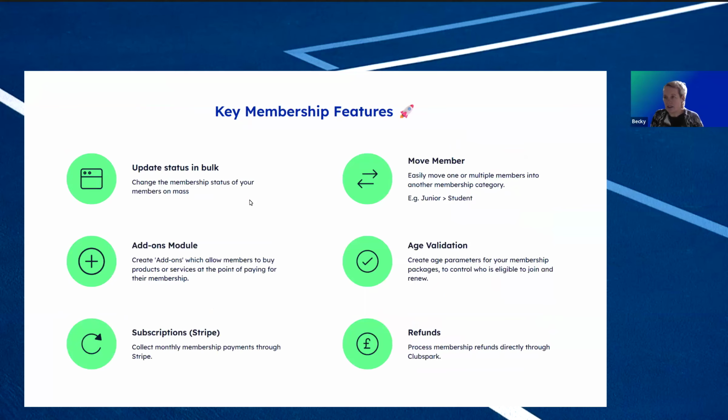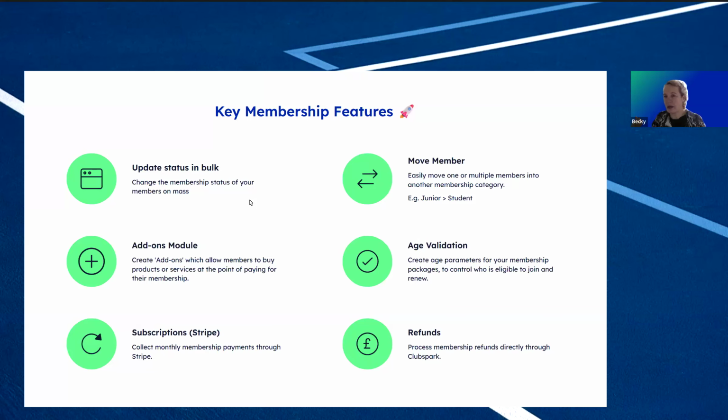A little bit about the features. We've got some new features which have been around in the last year, so you might be aware, but you can update the status in bulk. That means you can move people from active to lapsed to cancelled in one go. You can move members from one membership package to another in bulk. The add-ons module, which I'm going to cover a little bit later.